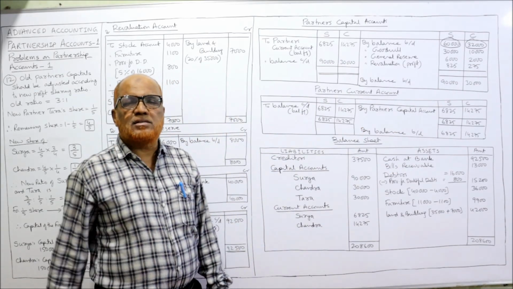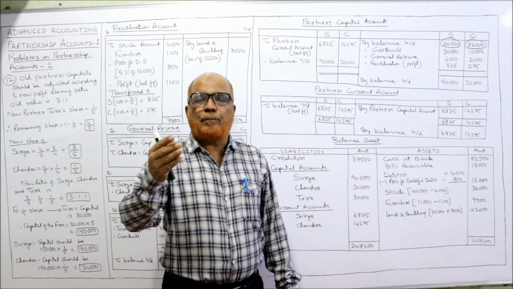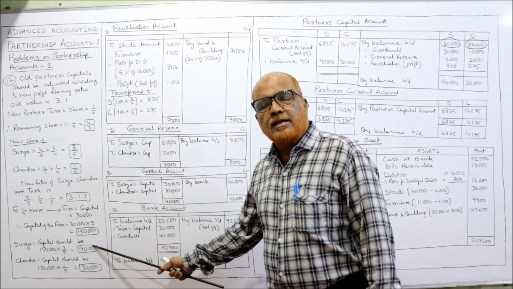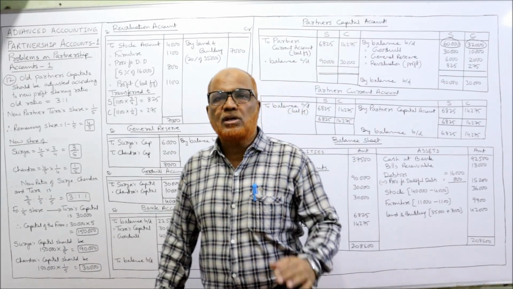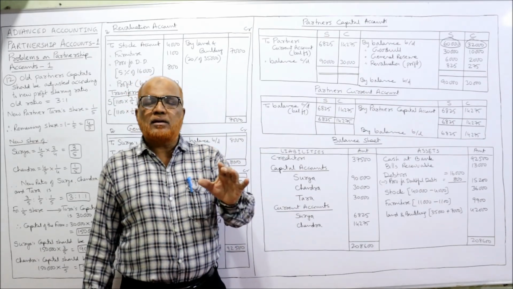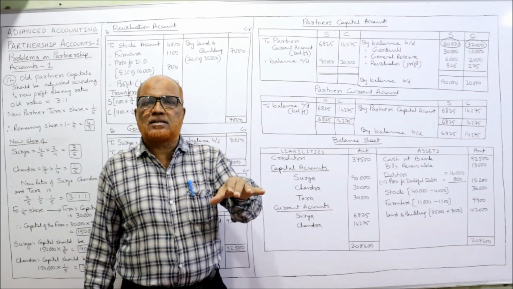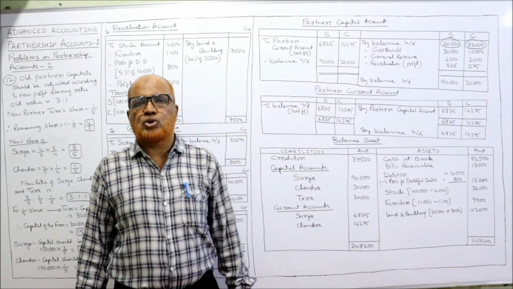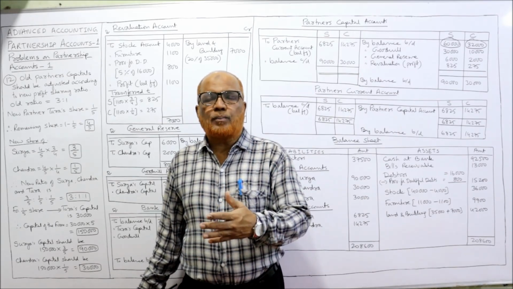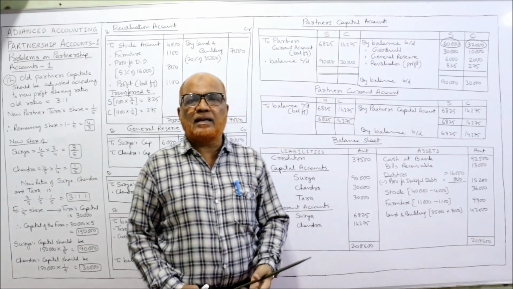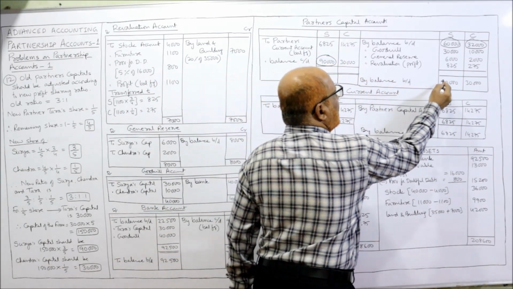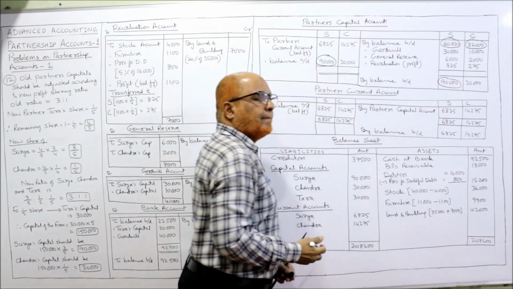Now the closing balance. After the admission, Surya's capital should be 90,000 and Chandra's capital should be 30,000 after making the adjustment. In the problem it is given that the old partners' capital should be adjusted according to the new profit sharing ratio. So we have already adjusted. According to the problem, the capital of Surya should be 90,000, so I have taken 90,000 balance carried down, 90,000 balance brought down.